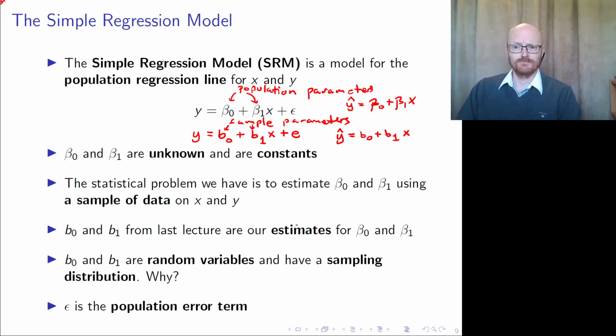So what can we tell about the population parameters, okay? Based on our data, we can just assume a variation of the sample intercept and the sample slope. So let's continue in the next video.